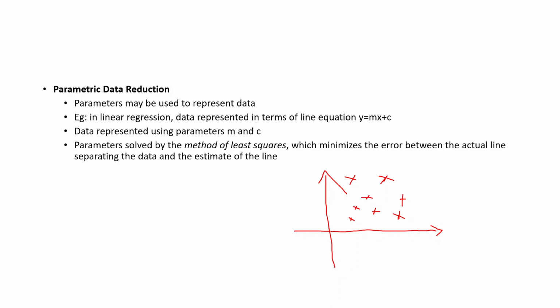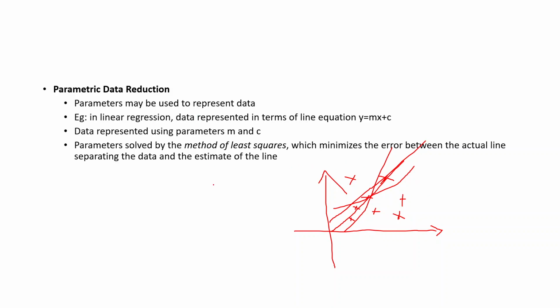Maybe this is one line which can pass, or maybe we can have another line like this. You can draw any number of lines like this, and we are estimating lines, not curves. So you can have any number of lines which pass through the middle of the data, and what we want is the best line which can model this behavior of the data.